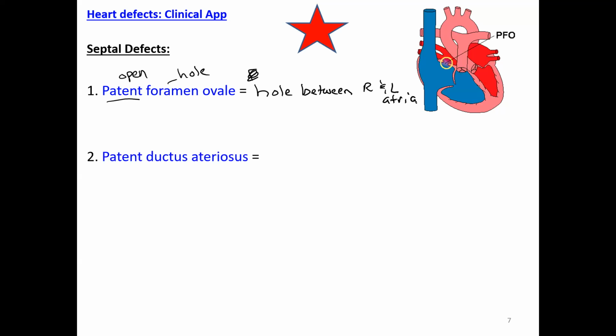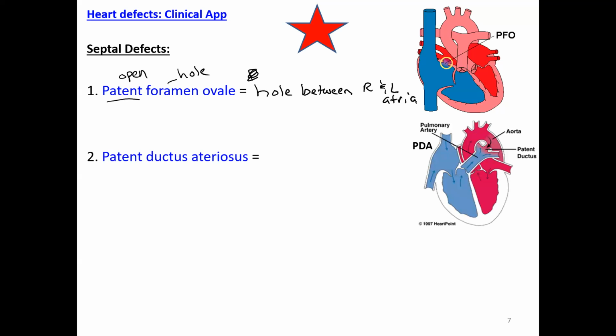Okay, patent ductus arteriosus is a hole. I'll circle these. That one's circled. It's a hole between the pulmonary trunk and the aorta.